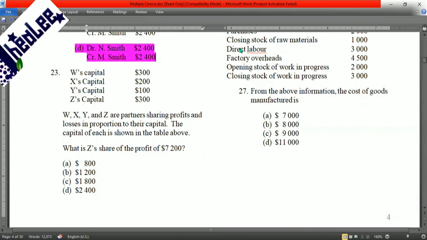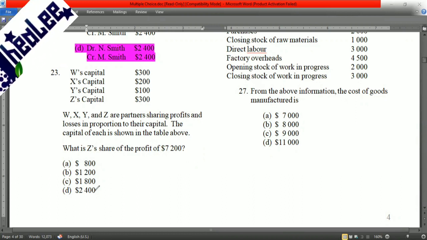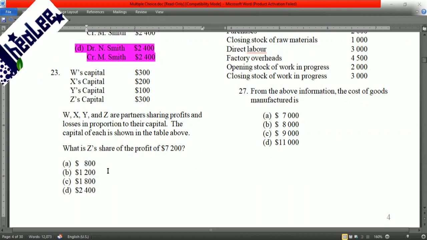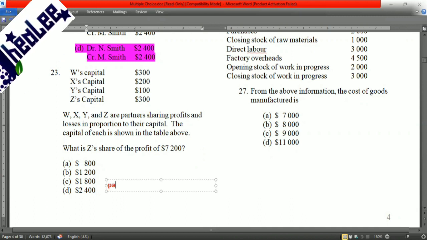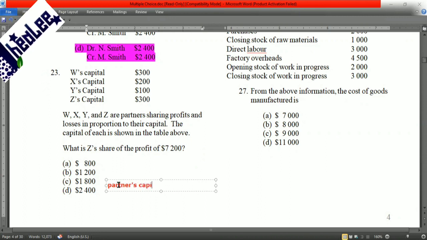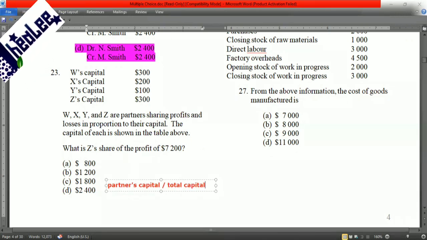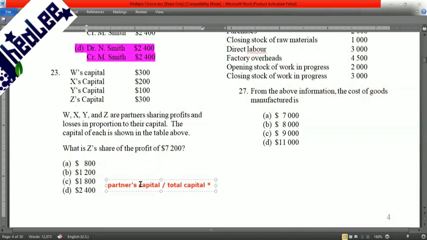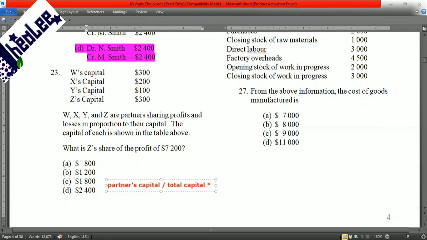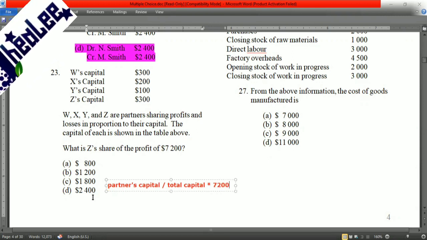And if they're using the capital contributed to share the profit, remember the formula is partner's capital divided by total capital in order to get the profit sharing ratio. And then your result is multiplied by the profit, the share of profit there, which would have been 7,200 in this case.